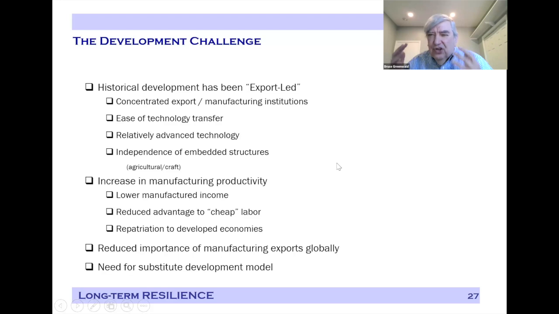Okay, the other huge problem that I think is involved in this current transition to services is that, for the reasons that you have such high productivity growth, export or manufacturing-led growth has historically been the successful development model. And I think it's because, again, it's concentrated.